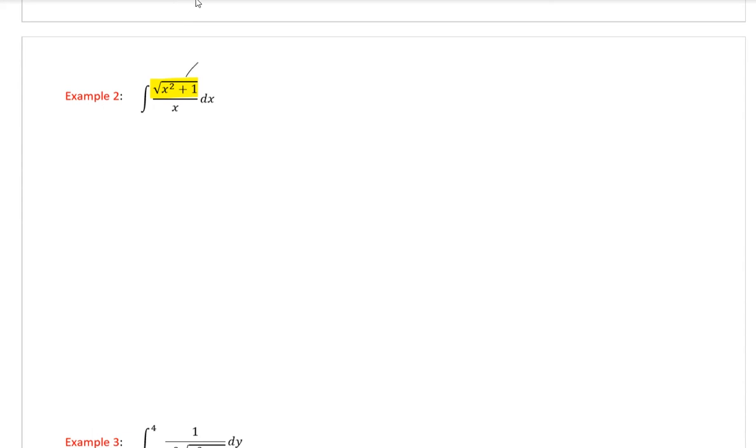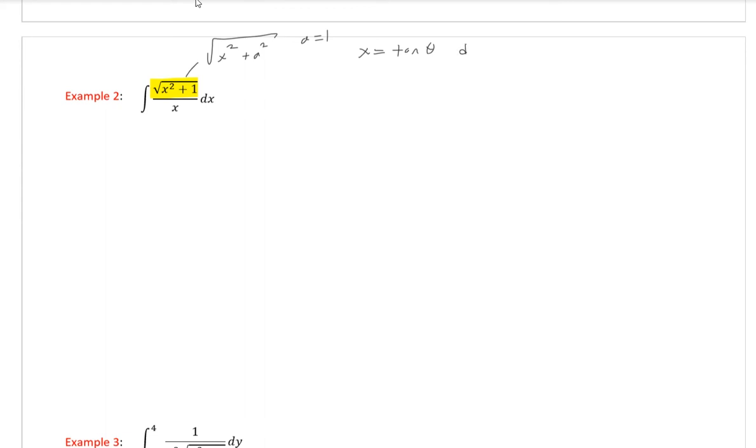This is of the form x squared plus a squared, where x is normal and a is 1. So that means we're going to follow the third form from the previous page. We're going to say that x equals a times tangent, or just tangent of theta.